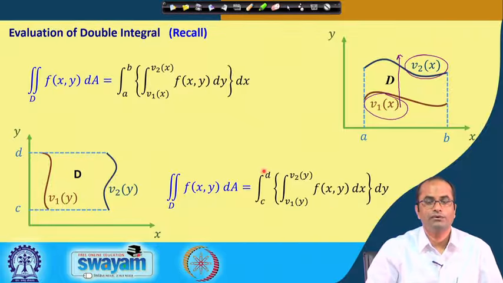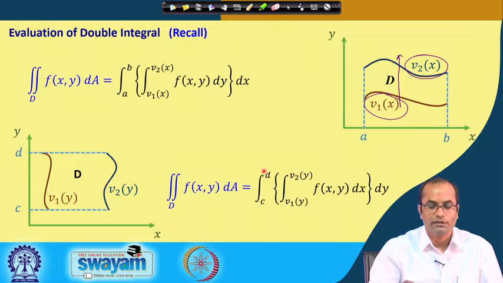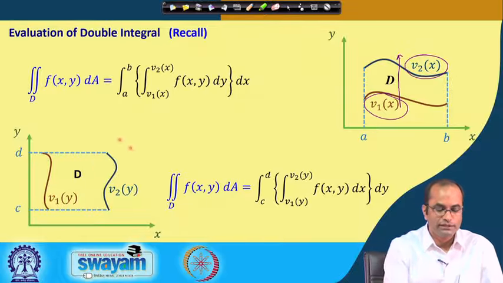For these simple cases we have seen, when we have the rectangular domain, it is much easier, as we can interchange the limits; whether we compute first with respect to x or with respect to y does not matter. But when we have such domains, as in this figure or in the other one, we should see which one is convenient.